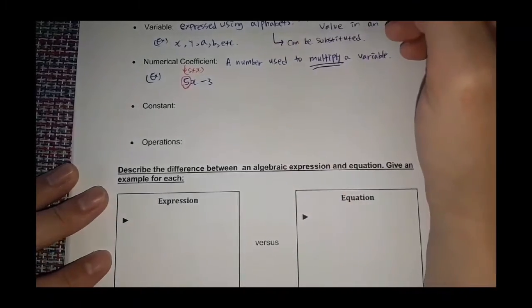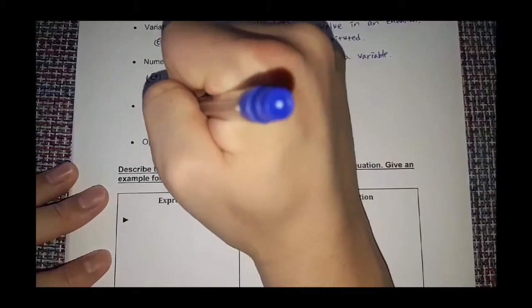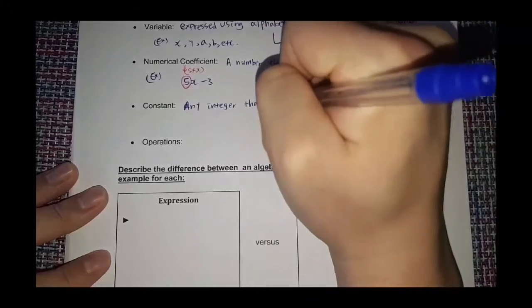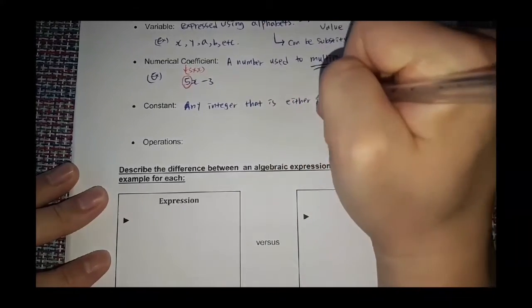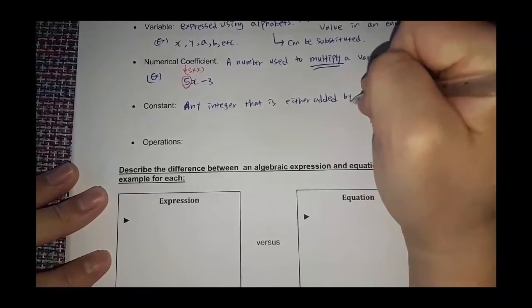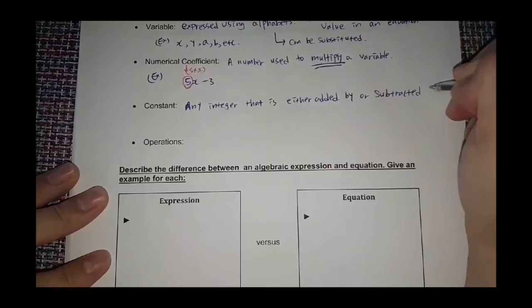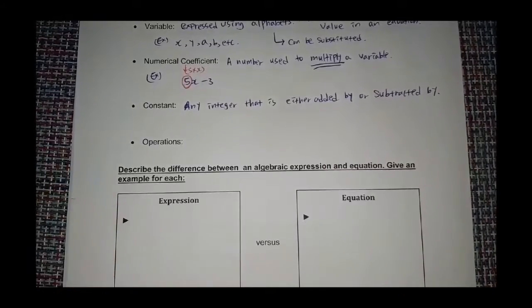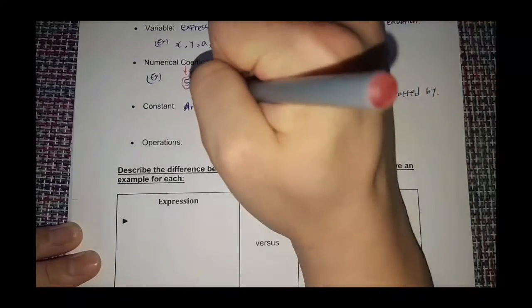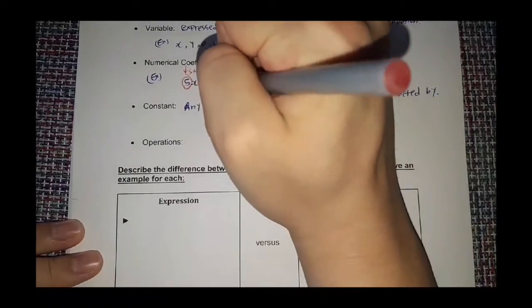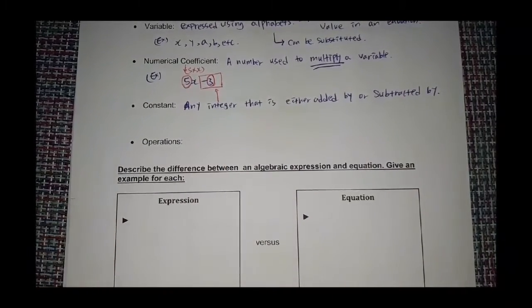A constant, on the other hand, is any integer that is either added or subtracted. So what I mean by that is, if you look at my example above, this minus 3, if I'm being specific, this 3 is a constant.